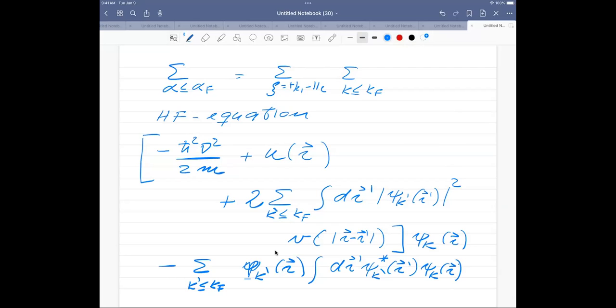And this is multiplied with v of r minus r prime. Let me just rewrite that one. And I'm going to use a shorthand here where I just write it as a function of r.